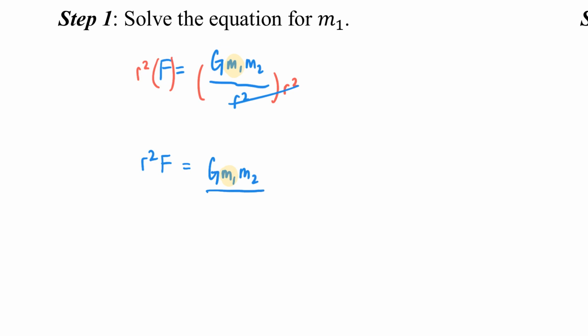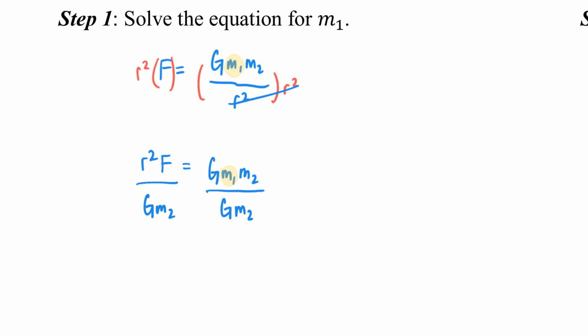We need to undo what's being done to M1. What's being done to M1 right now? It's being multiplied by G, and it's being multiplied by M2. If you want to divide them one at a time, you can do that. But I find it's very easy to just divide by everything in there. So we're going to divide by both of those at the same time.